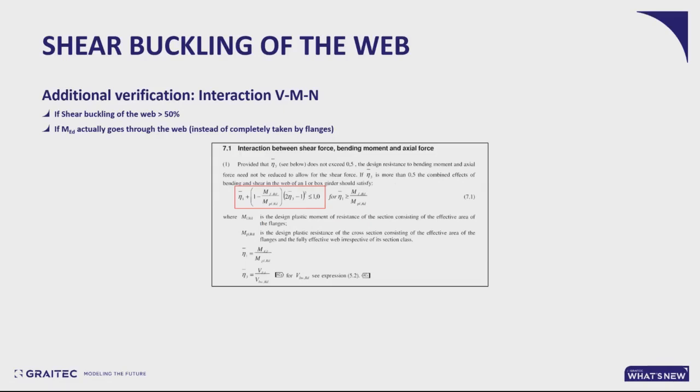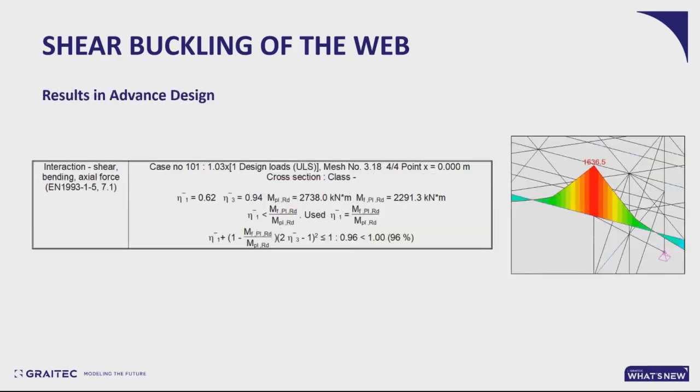And you also need to have some bending moment actually going through the web, because if the moment is taken by the flanges, as is often the case, usually you won't worry about that. This check is performed in advanced design, but here the design bending moment was small enough to be taken by the flanges, so there was no problem there.